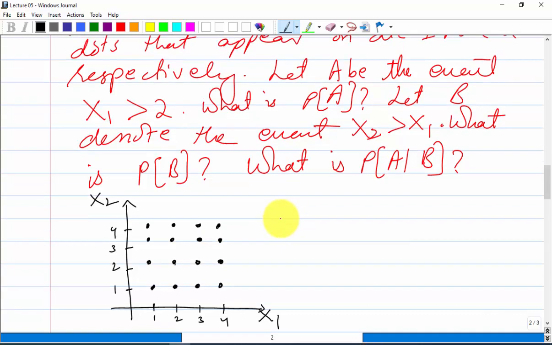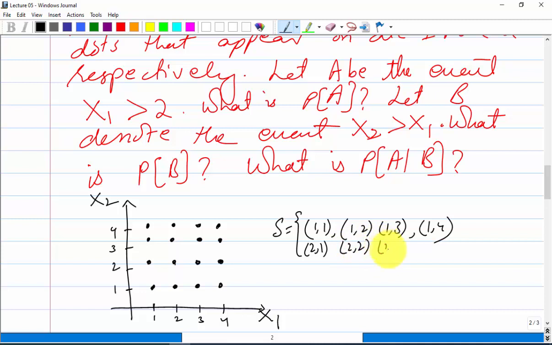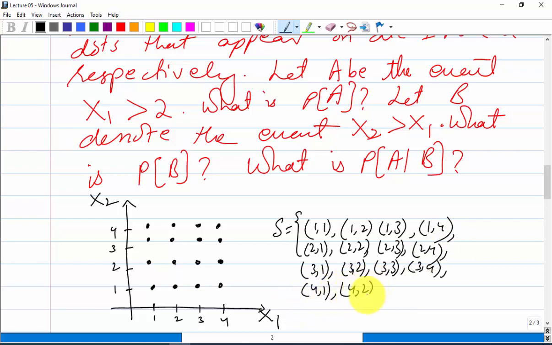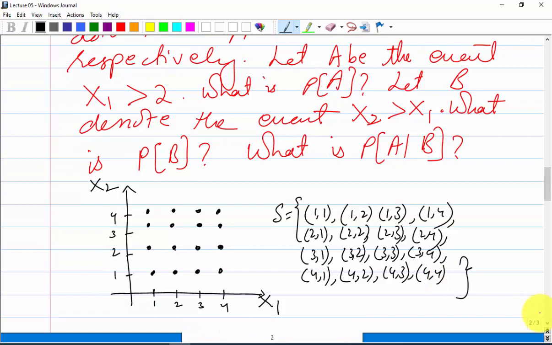Otherwise we can write S as the same way: 1 1, 1 2, 1 3, 1 4, 2 1, 2 2, 2 3, 2 4, 3 1, 3 2, 3 3, 3 4, 4 1, 4 2, 4 3, 4 4. So both ways we can use this, that's not a big deal.